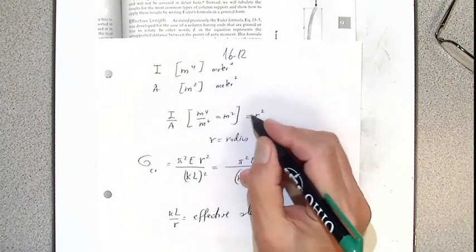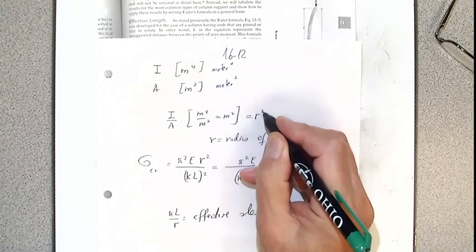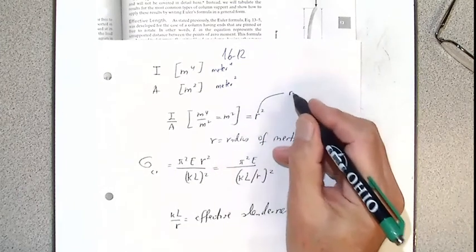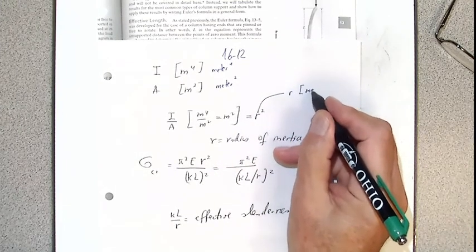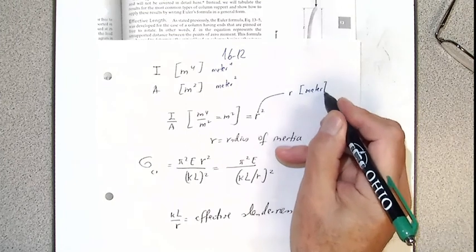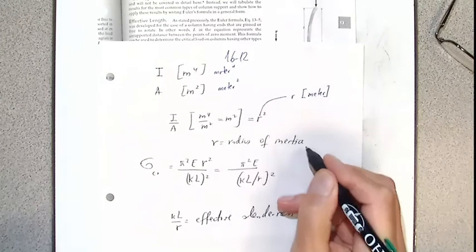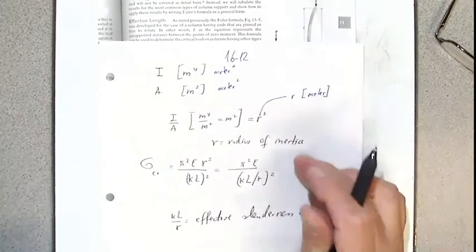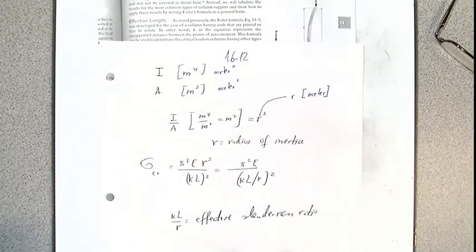So we can denote it as something squared, and this something, r, has a dimension of meter. It is called radius of inertia. There is moment of inertia, and this is radius of inertia.